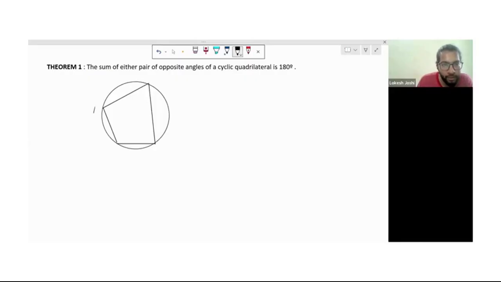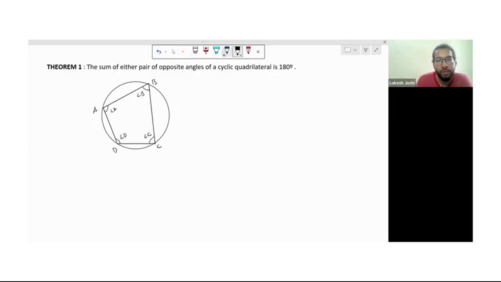Suppose this one is the cyclic quadrilateral, whose vertices are A, B, C, and D. Let us say this angle is angle A, this one is angle B, this one is angle C, and this one is angle D.